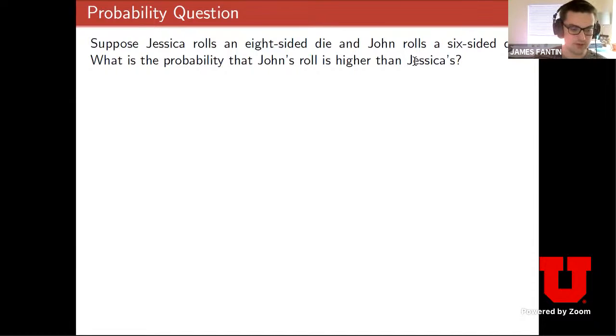So here we're supposing that Jessica's rolling an 8-sided die and John's rolling a 6-sided die. And we want to figure out what's the probability that John's roll from the 6-sided die is higher than Jessica's roll. So let me just throw this question in the chat, so that way you can copy it and have it when we go into the breakout rooms.